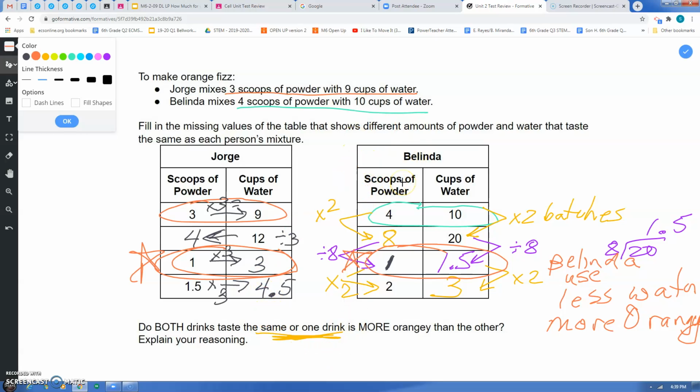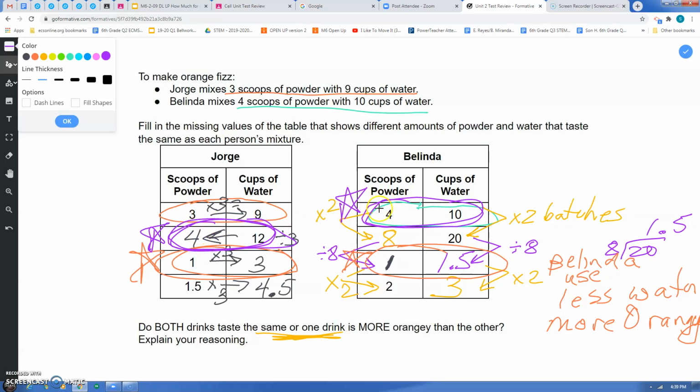Okay. Or another way you can compare is right here. A different way is look at this one, and this one. Look at that.